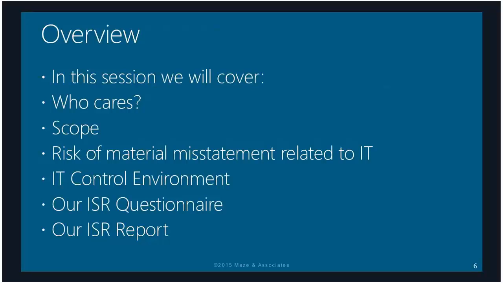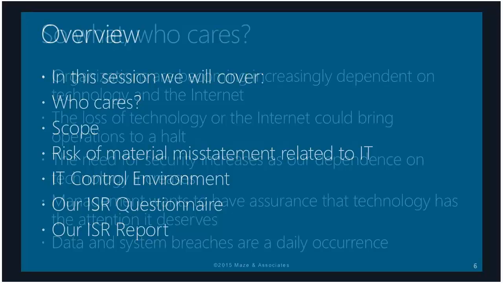Then we'll talk about our way of doing the ISR, the information system review, which is our questionnaire and our report. For those of you that are clients of ours, you will then understand why our questionnaire does what it does and be able to understand our report if you get it. Many of you that are clients of ours have probably already had discussions with me in the past about it, but we'll go over it here again for those that have not.